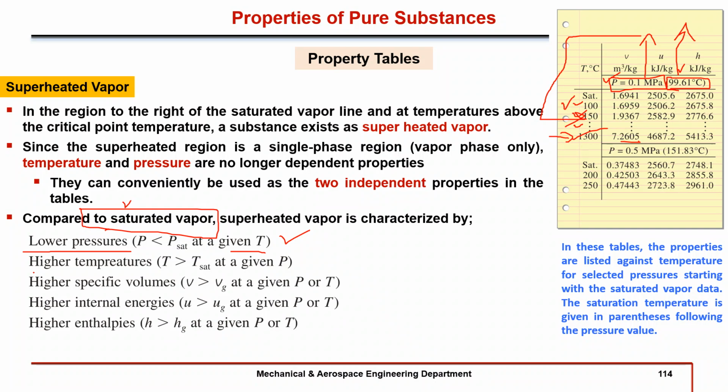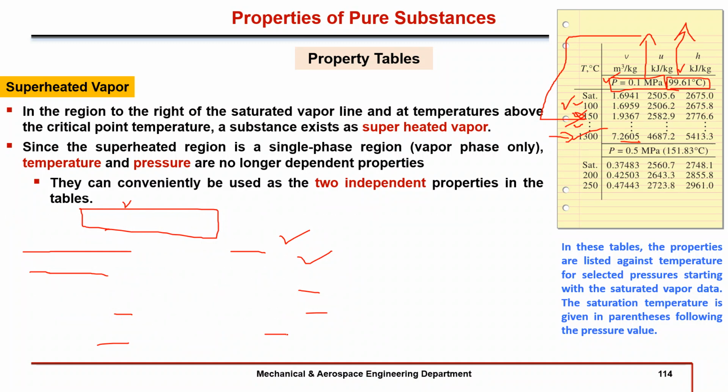Or if the temperature is higher than the saturation temperature at that given pressure, you are in the superheated region. Similarly, higher specific volumes, higher internal energies, and higher enthalpies, for a given pressure or temperature, indicate that you are in the superheated region.